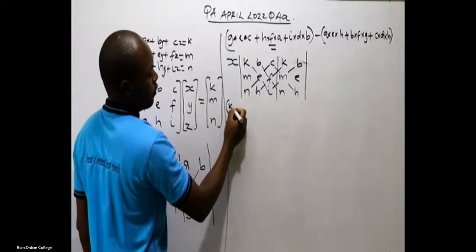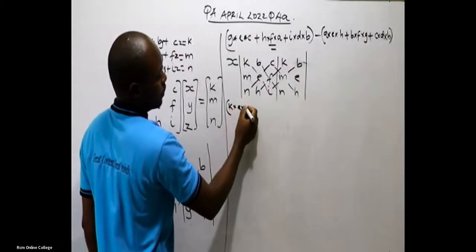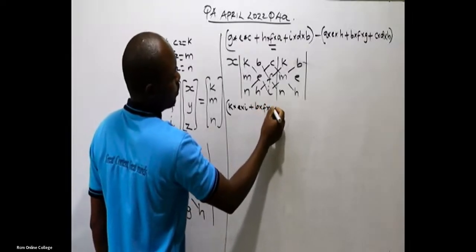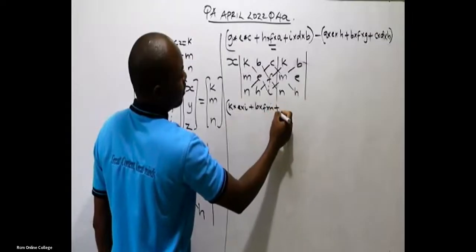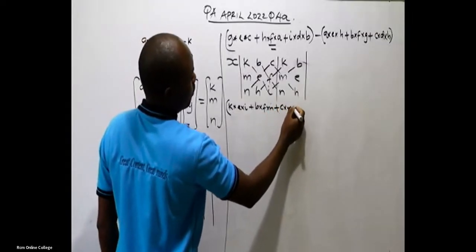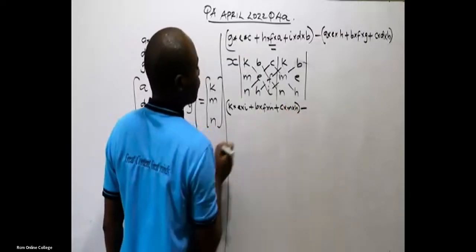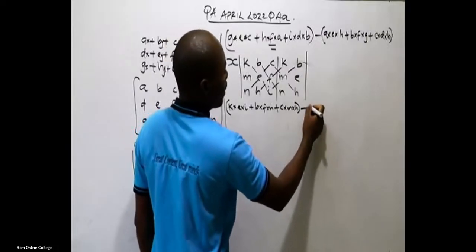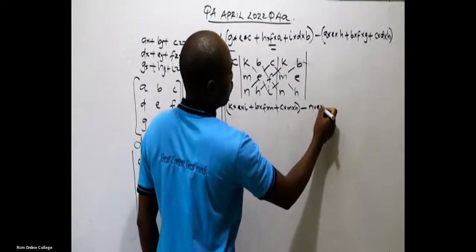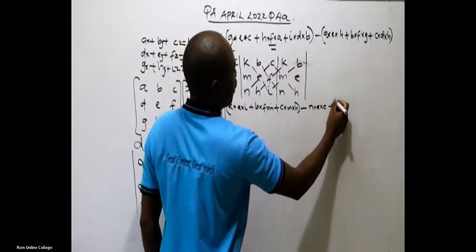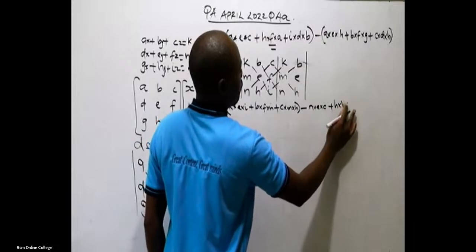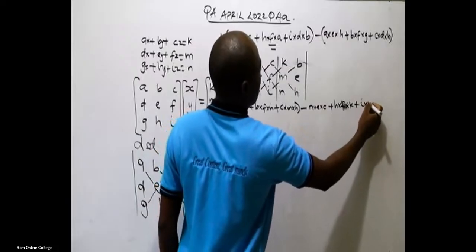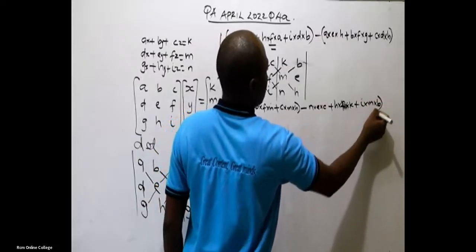We take K times E times I, plus B times F times N, then plus C times M times H. All of that will be subtracted from the other part: N times E times C, plus H times F times K, plus I times M times B. That's what we have there.